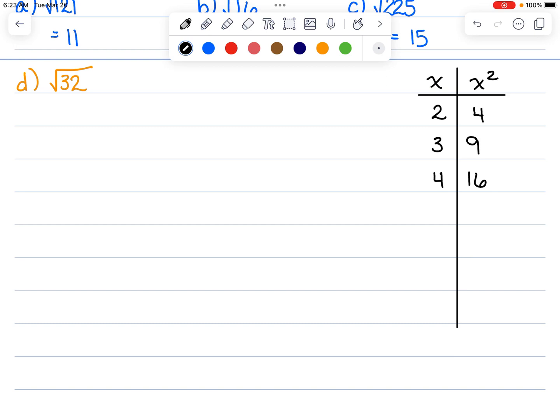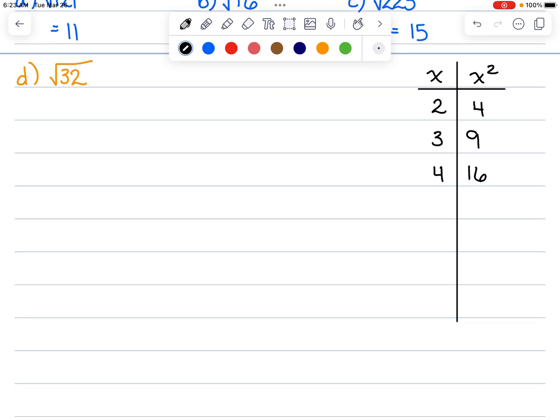And I'm coming up with these numbers. The regular x's, I'm just counting. To square something is to multiply it by itself. Or I could just type squared into my calculator. 5 squared is 25. 6 squared is 36. 7 squared is 49. 8 squared is 64.